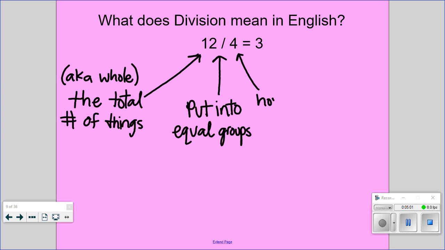So you're going to draw an arrow to your number 4, and then you are going to write how many groups. That's what that 4 is telling you. Okay, so we had 12 things. We're putting them in equal groups. More specifically, we're putting them in 4 equal groups.